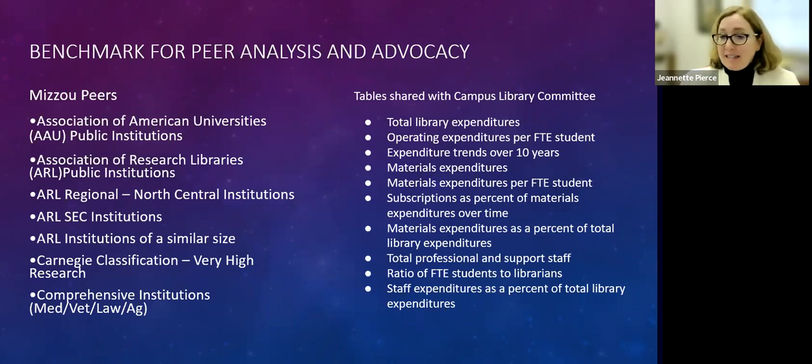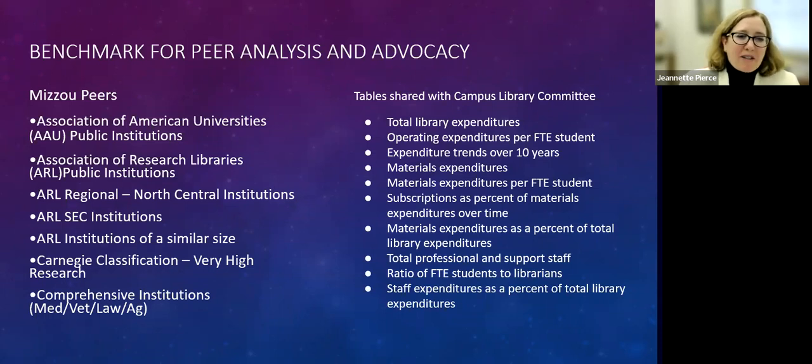Some of our SEC peers at Mizzou are also ARL libraries. And then, of course, we need to look at libraries of similar student population size, because we're not a University of Michigan or a University of Illinois in terms of our student population. We're much smaller than that. So it's sometimes fun to think we should compare to them, but it's not very reasonable.